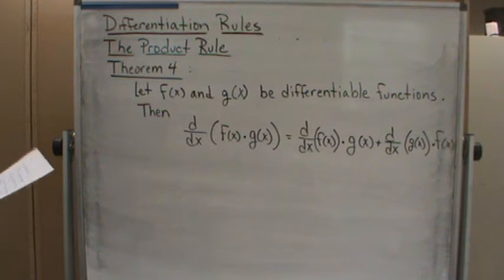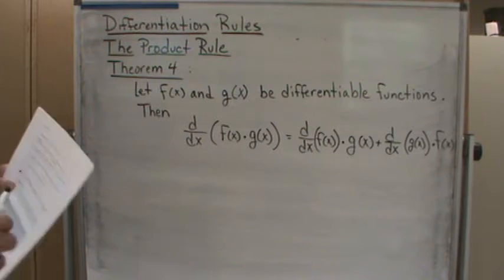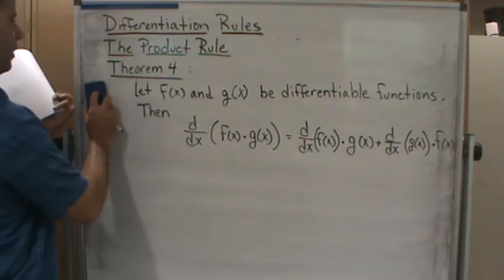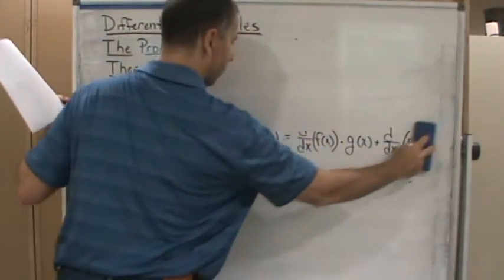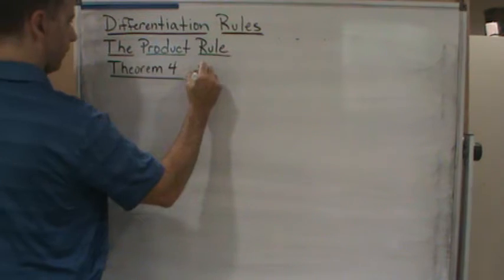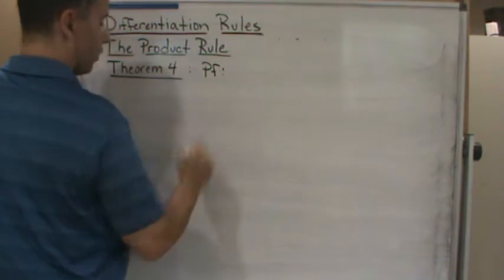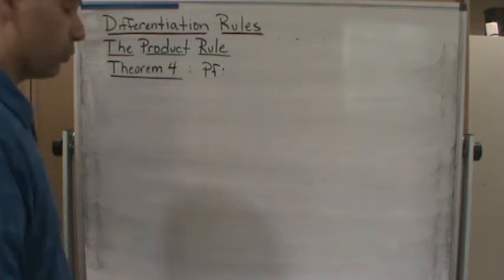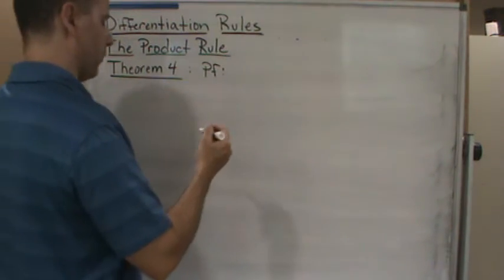Okay? So, now, we're going to do a proof. So the proof of this, let me start at the top. So the first thing we're going to do, and I didn't do this, I mean I said it but I didn't write it down, is we're going to assume that we have two differentiable functions.